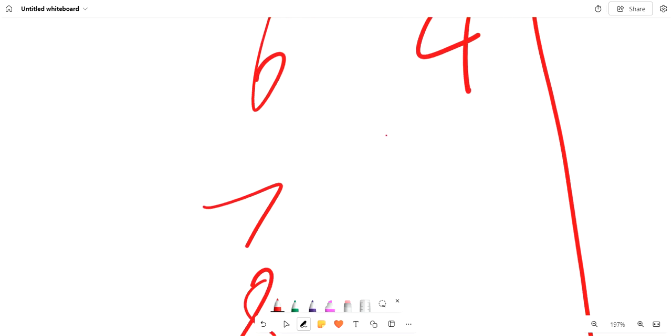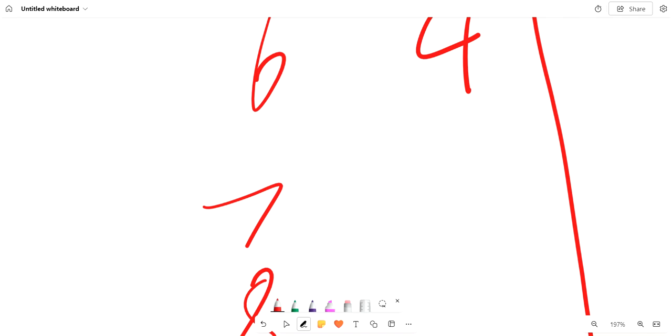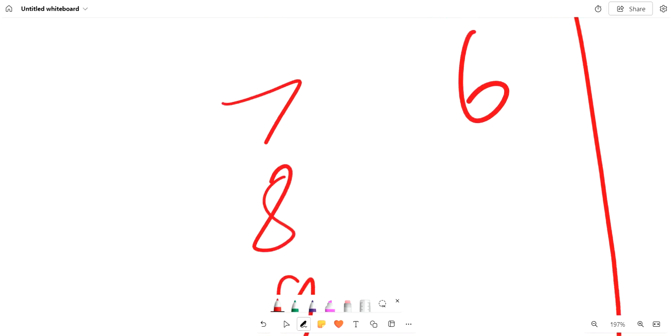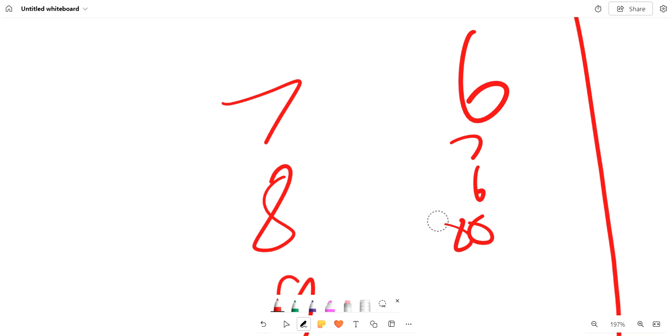Then for 7, we have 176, 275, 374, which make for 6. And for 8, we have 187, 286, and 385, which also has 6.